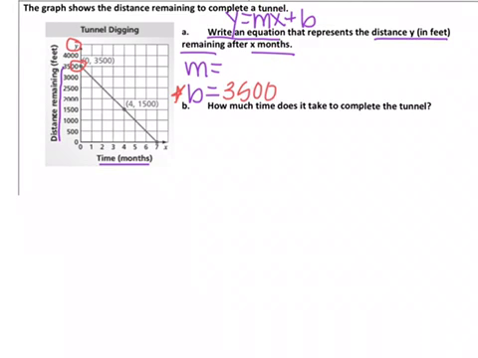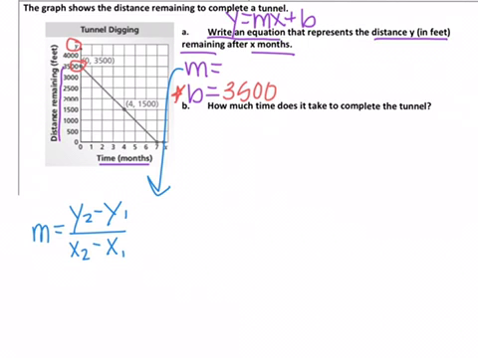I am going to use the slope formula to find my slope. So I'm actually going to move my slope piece down and use the formula from 2 points. Remember the slope formula is y2 minus y1 over x2 minus x1. So let me write the 2 points that I have on this graph. I have 0, 3,500, and I have 4, 1,500.